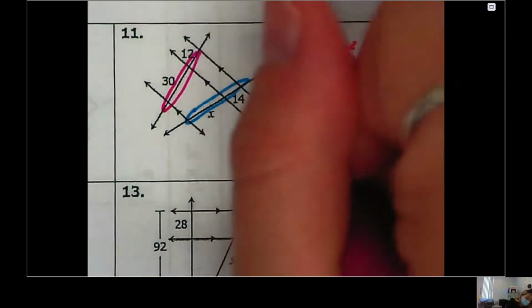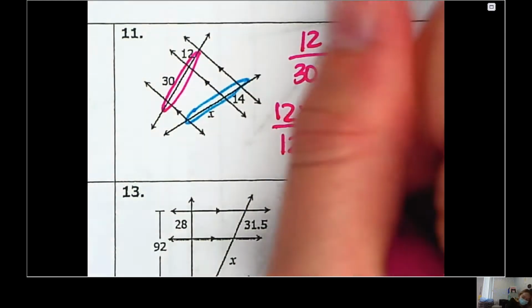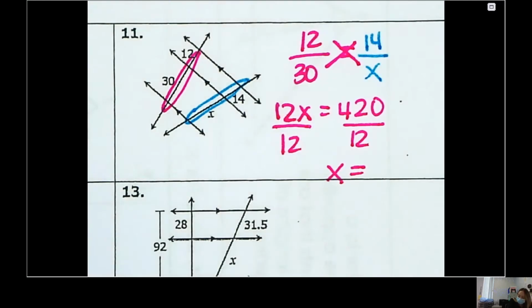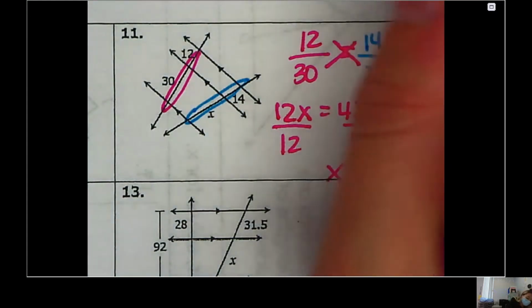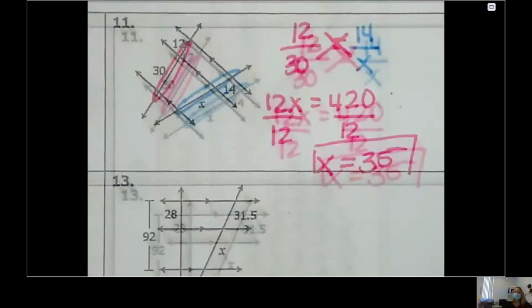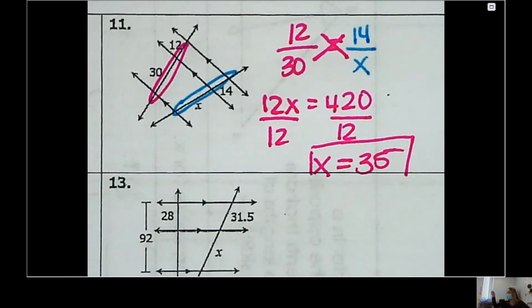Divide by 12. I get x equals 35. 35, right? Yeah, 35. That's it. Easy peasy. It's exactly the same. So you always pick 2 fractions that are on the same side.